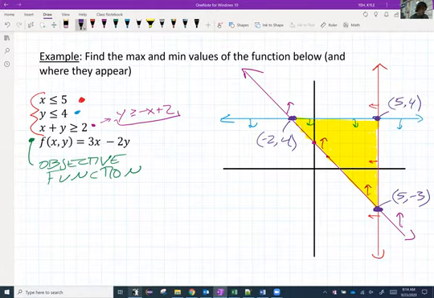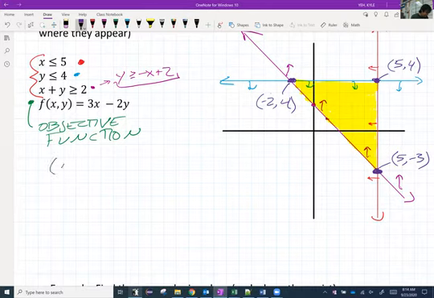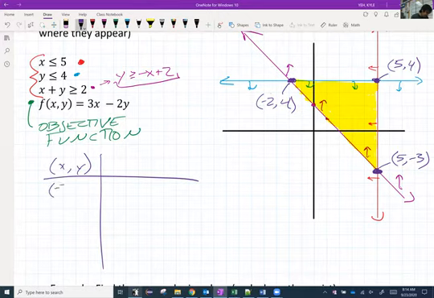So how do we test these then? Kind of the last step is, now that we have our vertices and we know what we need to test, we're going to make a table. I'm going to say x, y. That'll be the left-hand part of my table, and I'm going to list out my 3 vertices. Forgot a comma in there: negative 2, 4, 5, 4, and 5, negative 3.